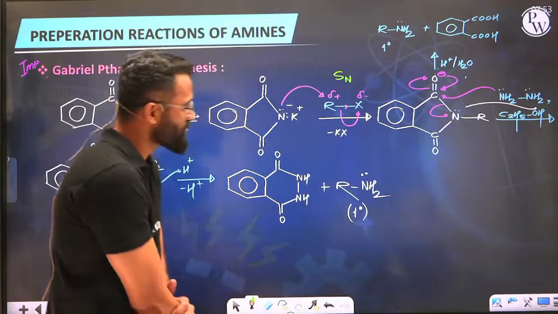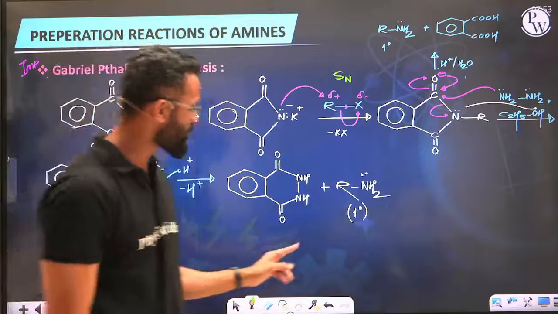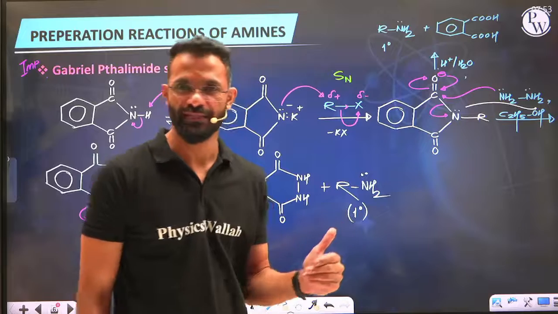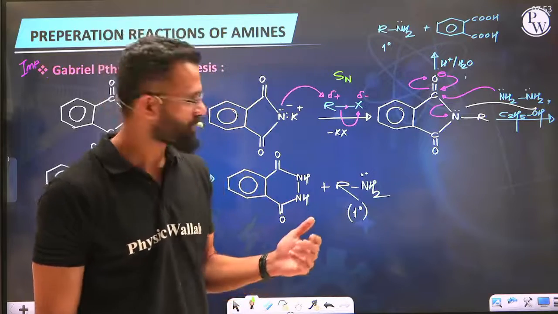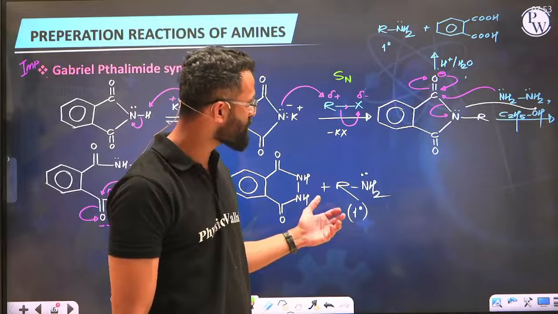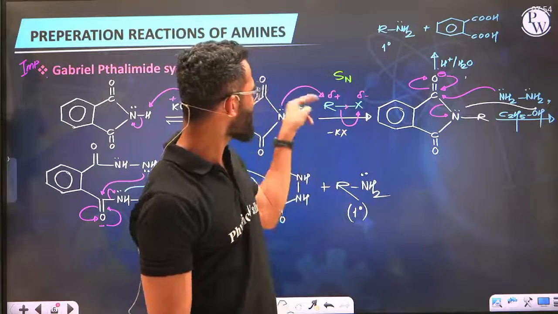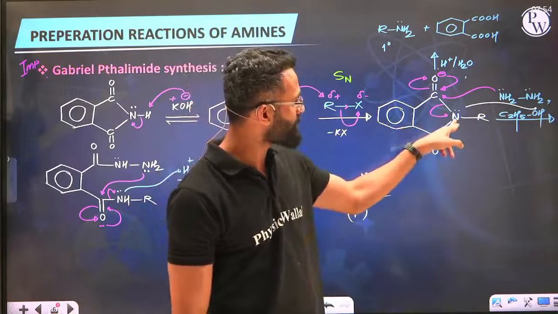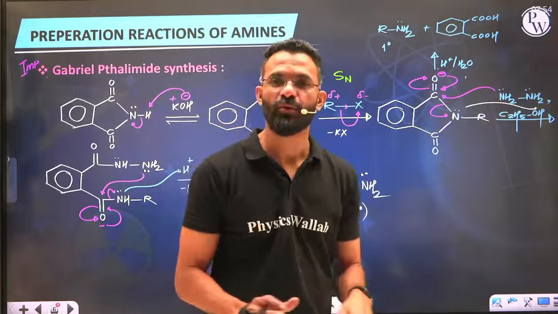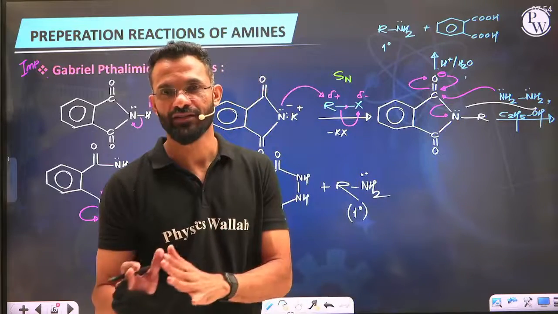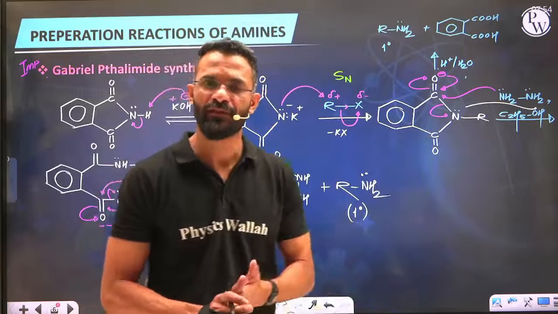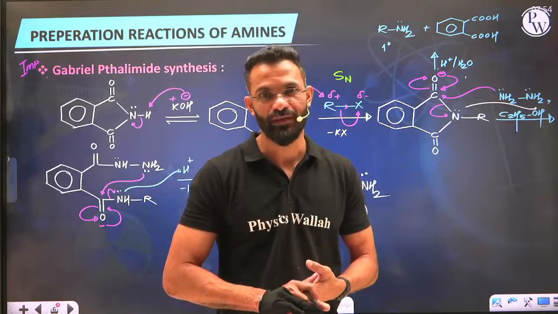Now guys, what I want you to understand here is that the product obtained is primary amine. Can we get secondary or tertiary amine? For that, this nitrogen should have 2 or 3 alkyl groups. But when you are doing alkylation, we just have one alkyl present on nitrogen, so there is no possibility of obtaining secondary or tertiary amine.